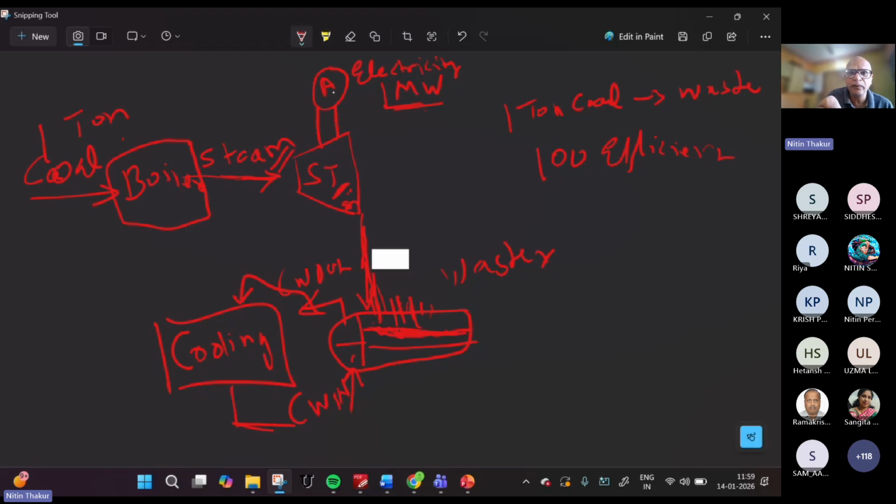It will lead to generation of less electricity. So let's say that comes out to be 0.8 megawatt. If I'm burning only 1 ton of coal, I have to compromise on production of electricity, and it will be dropping down to 0.8 megawatt.